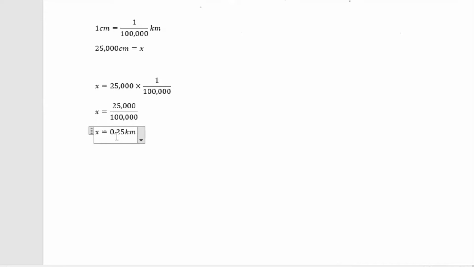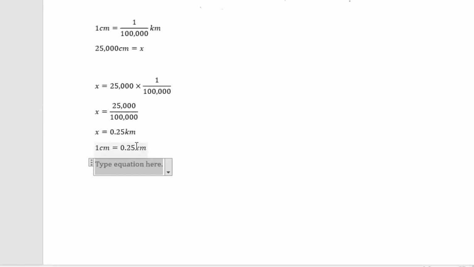Therefore we have 1 centimeter is equal to 0.25 kilometers on the map, because remember it is the 25,000 that we converted to kilometers.